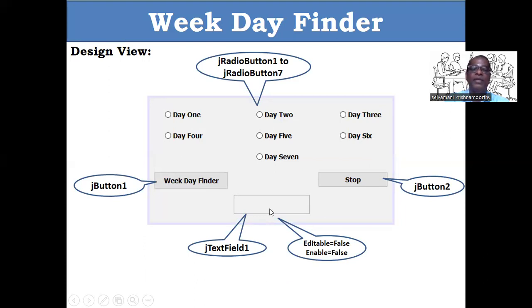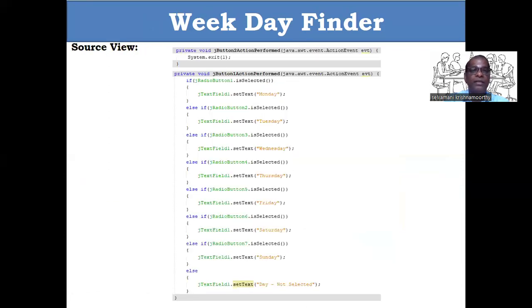In a similar way, if we select day 3, the previously selected one, day 2, will be deselected. Then this condition is false, this also false, and this will come. Now we selected J radio button 3, isSelected returns true. It displays Wednesday. Same procedure. If day 4 is selected, it returns true.